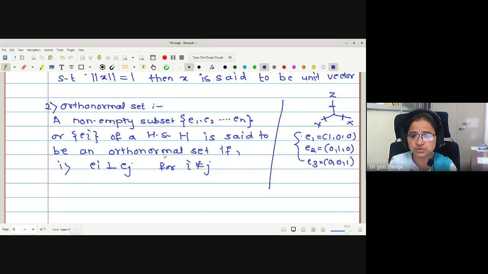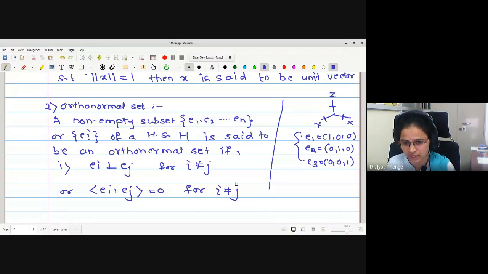Therefore, here we want this set to be the set of unit vectors. Therefore, Ei orthogonal to Ej for i not equal to j, or one can write inner product of Ei with Ej is equal to 0 for i not equal to j. The first condition simply means that a vector Ei is orthogonal to all the remaining vectors except itself.